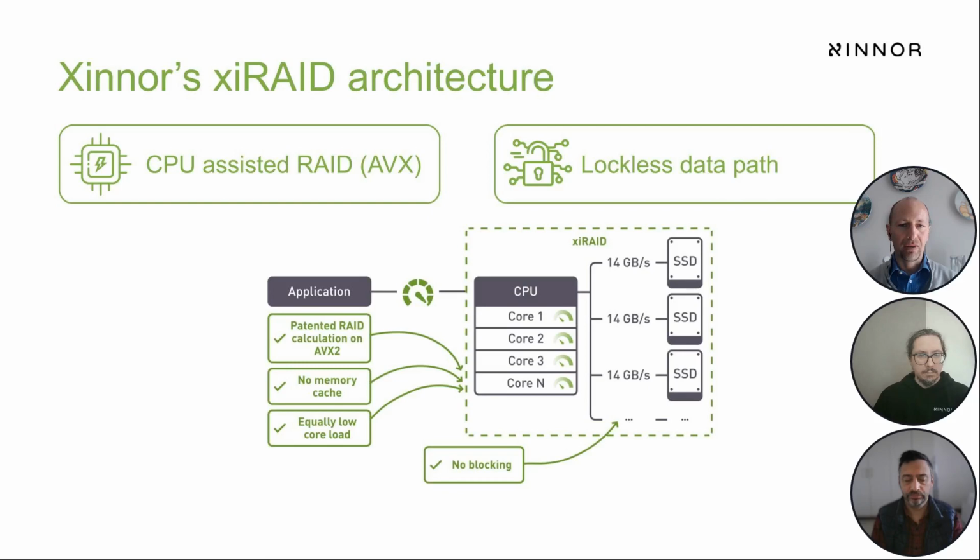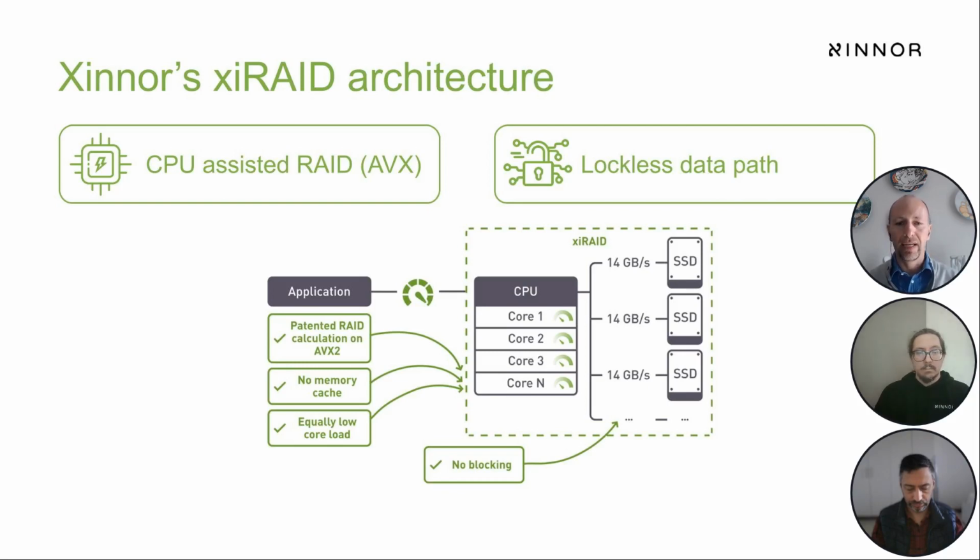So a few words about our main product. Our main product is called xiRAID. xiRAID is a software RAID which combines two key technologies. From one side is the way we leverage the AVX instruction on the x86 CPU, and we combine it with our lockless data path.